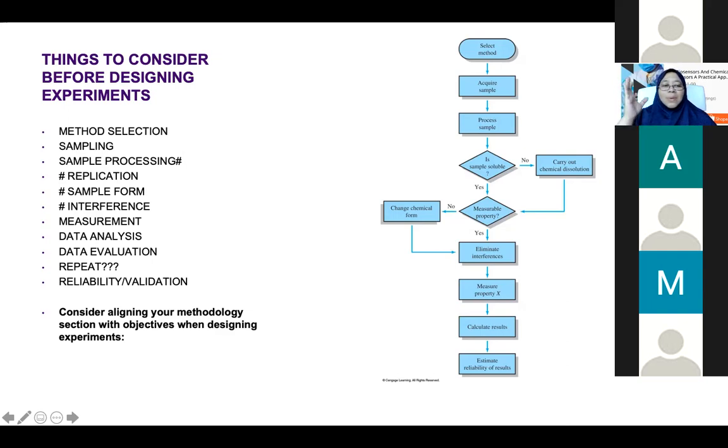You have thought about the interference, and you have done purification as well, for example. Now it is time for you to do the measurement. For the measurement, you have to think about the errors that might be contributed by the instrument itself.